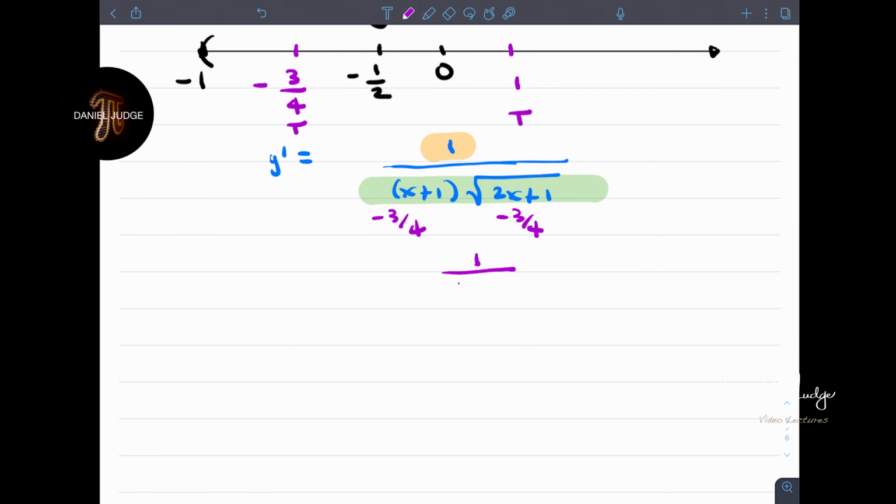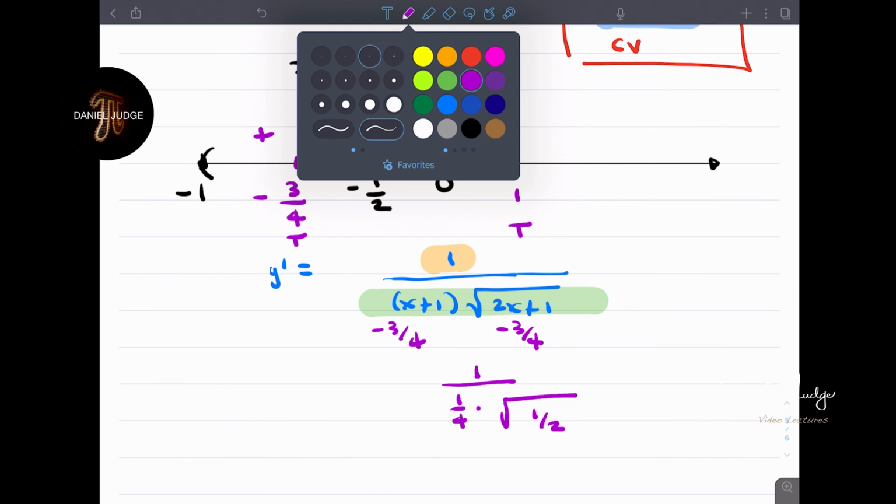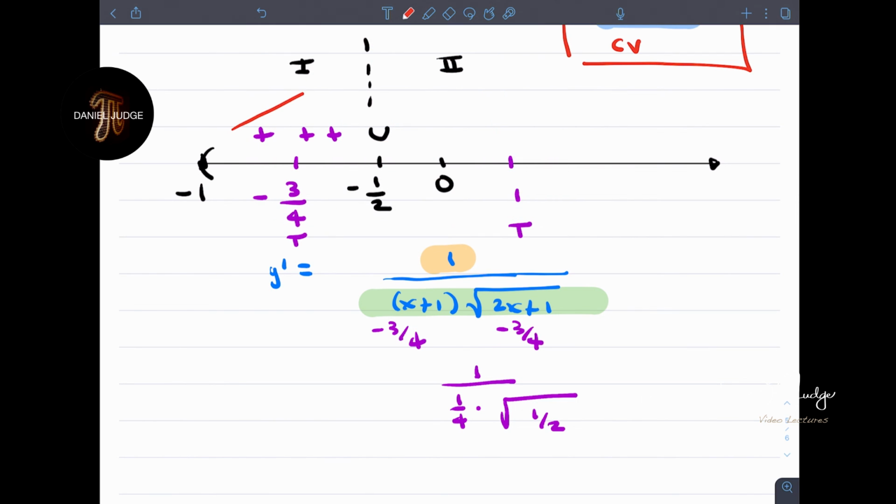So that'll be 1/4 times the square root of 2. So that's negative 6/4, or negative 3/2, plus 1. That's the square root of 1/2. The point I make is this is going to be positive. So in region 1, we have an increasing slope.